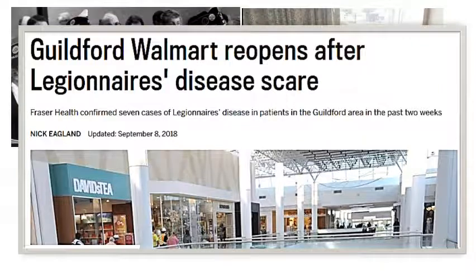So the Guildford Walmart, which is in Guildford, a suburb of Vancouver, you can see by the date here, had a little focus of Legionnaires' disease in the mall. This was just a couple of years ago. It was caused by a dirty central air conditioning system in the Guildford Walmart. So they had to close it, clean it out, and then reopen it.